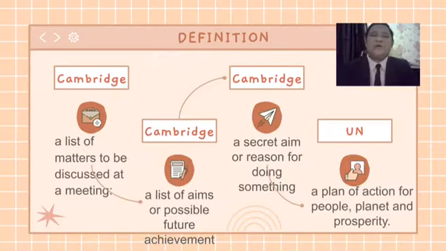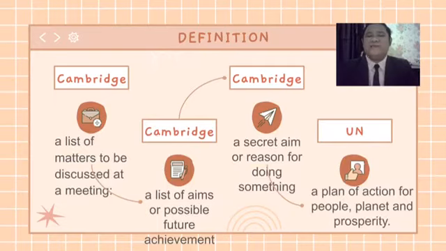Let us take a look at how the UN defines the agenda in this context. According to the United Nations 17th Session General Assembly's preamble, they call this agenda the Agenda 2030 for Sustainable Development.